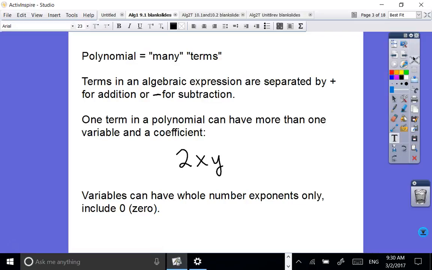The variables of polynomials, the exponents are only whole numbers. So what are whole numbers? Well, what's the first whole number? 0, right? So that includes 0. Well, if you have a variable to the 0 power, what is it? It's 1, by properties of exponents.